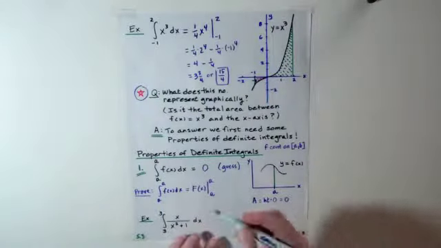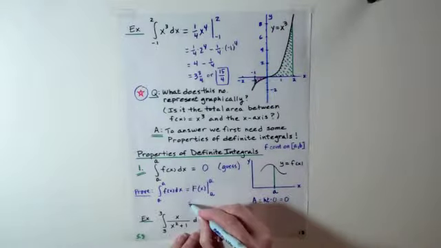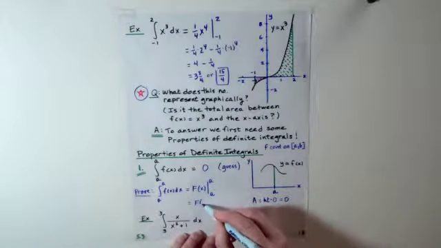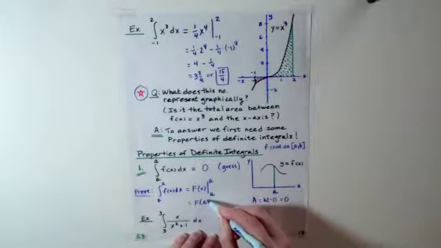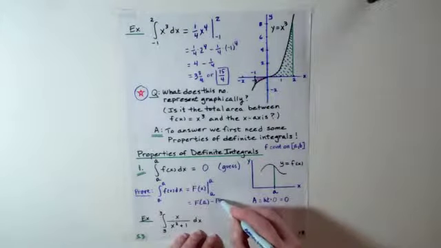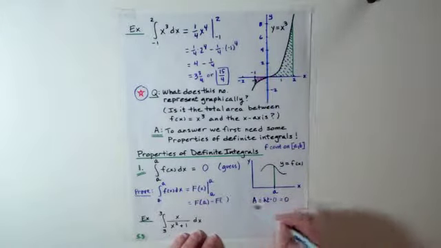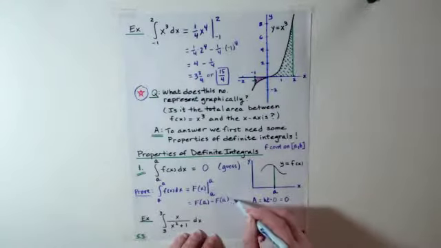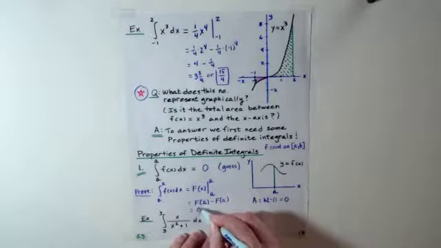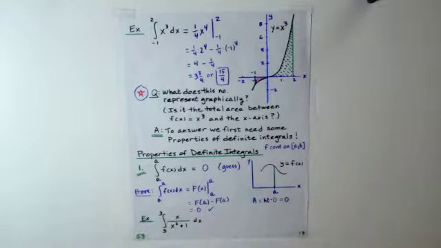And what happens when I do that? Well, I would end up with capital F of the upper limit, which is a, minus capital F of the lower limit, which is also a. And so, yes, I do end up getting 0 as a value for that definite integral.